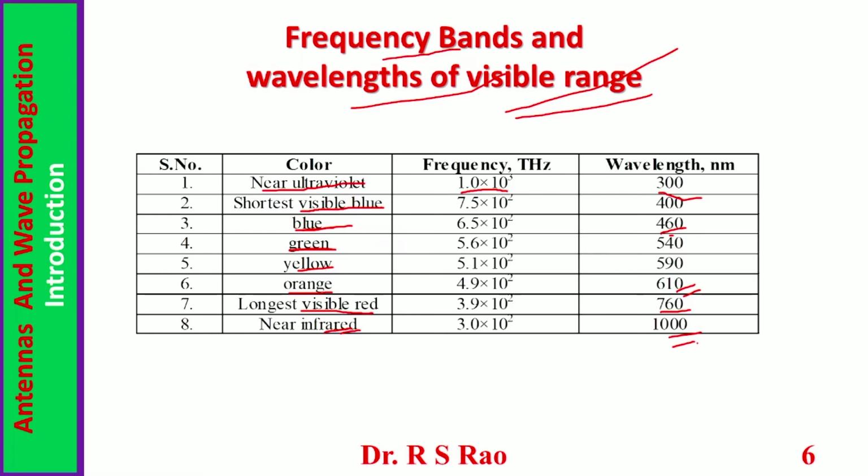Wavelength is 1000 nanometers. When we are in wireless systems, the information provided in this slide and in the previous two slides is required to be kept in mind for proper understanding of the theory of wireless systems or antennas.